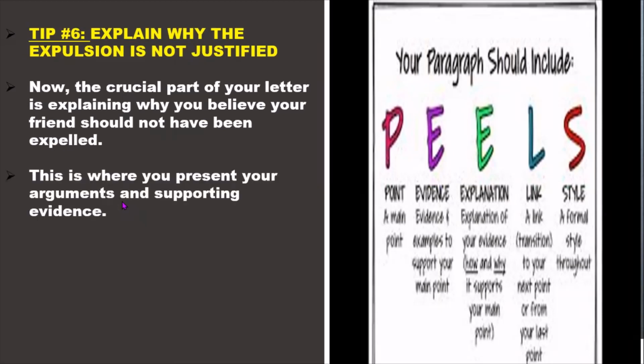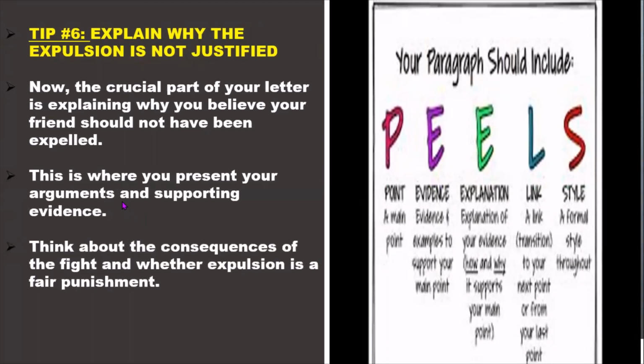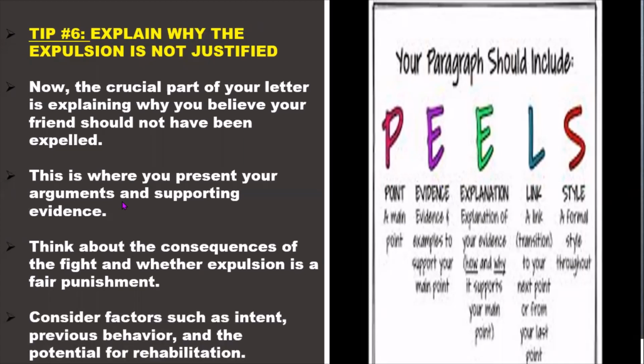This is where you present your arguments and supporting evidence. Think about the consequences of the fight and whether expulsion is a fair punishment, okay? So this is really, really very important. Now, you need to consider factors such as intent, previous behavior, and the potential for rehabilitation, okay?